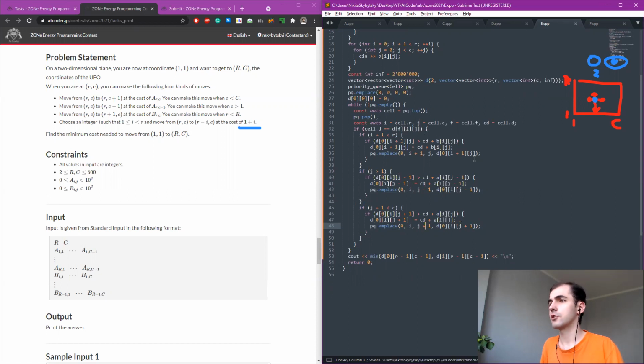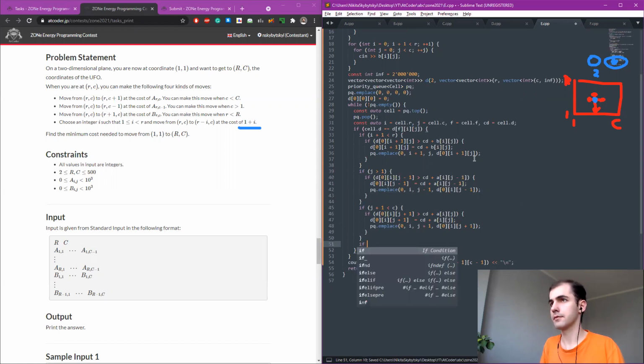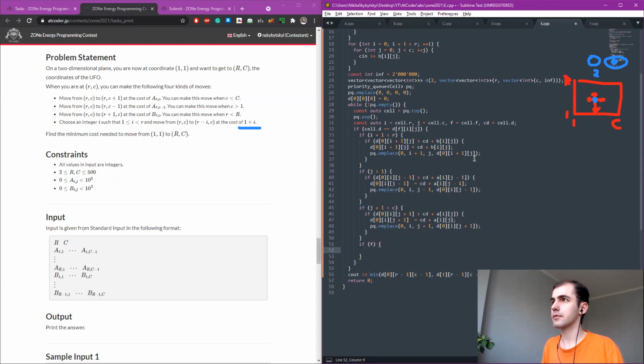For input compression reasons. And we can move down at the cost of 1, right? And we will end in state 1 because we moved down. Moving down is i minus 1.